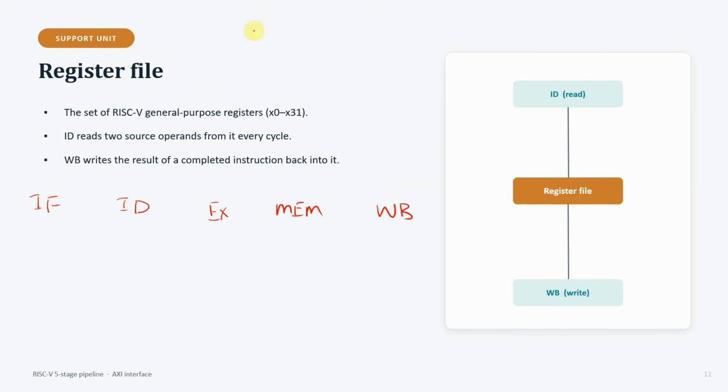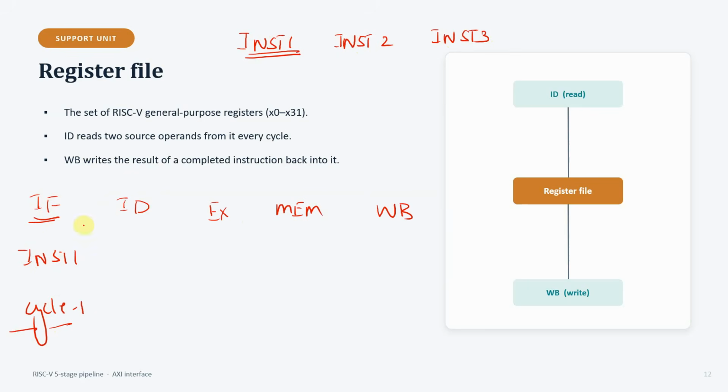Let's say I have three instructions: instruction 1, instruction 2, and instruction 3. Suppose instruction 1 has been fetched from the instruction cache, and let me write down here instruction 1, and this is my cycle 1.